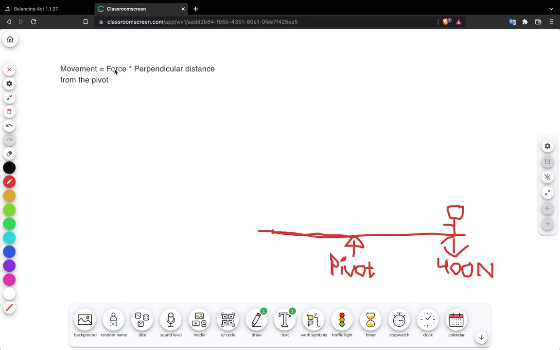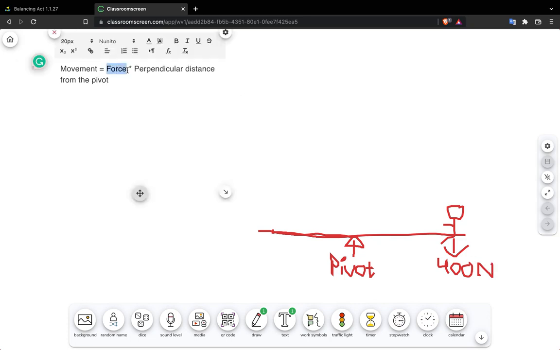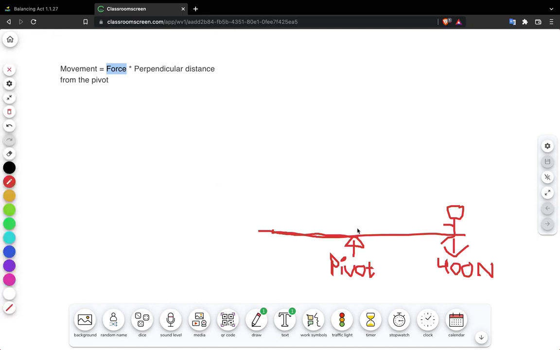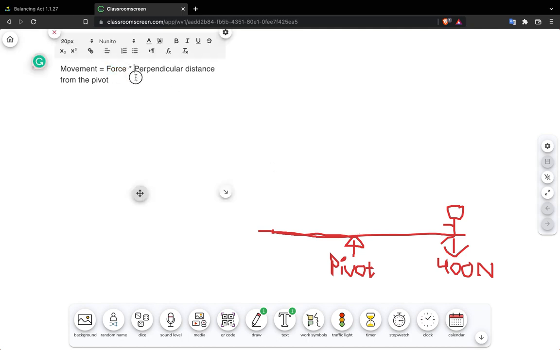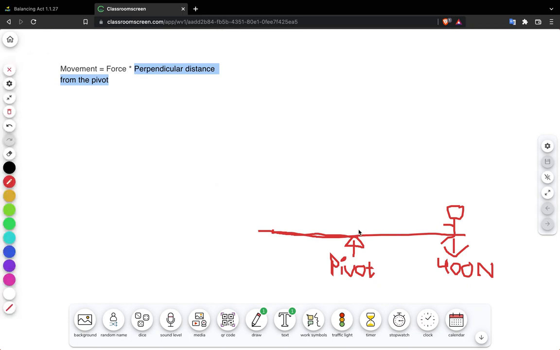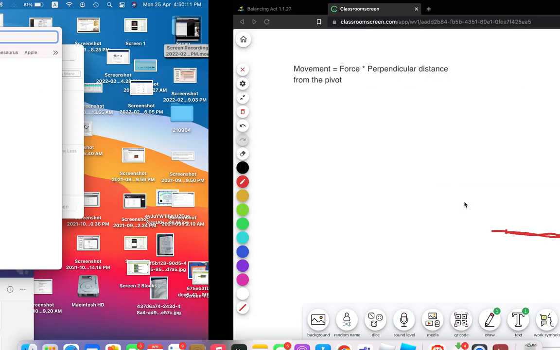Now, here we've already calculated the force. Force and weight are kind of similar. So now we need to know what this perpendicular distance from the pivot is. I'm gonna just make a small line here, and this is the distance from the pivot, right?